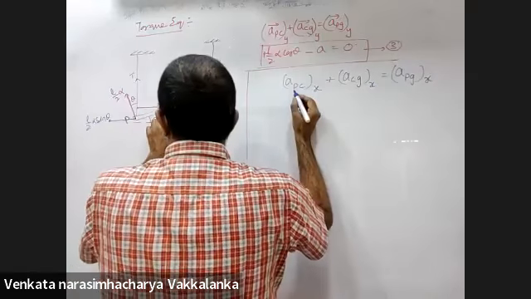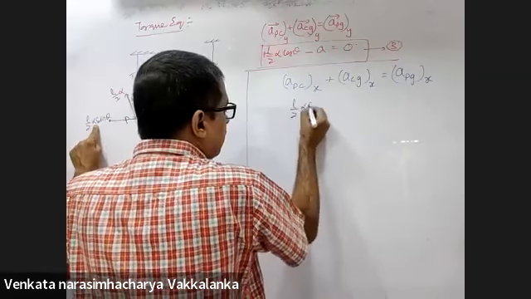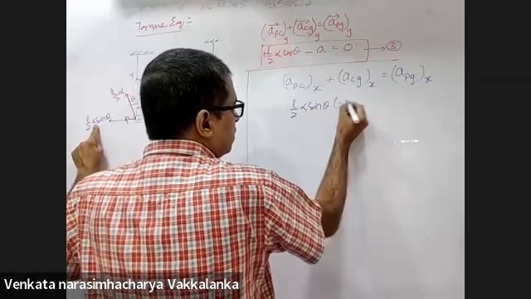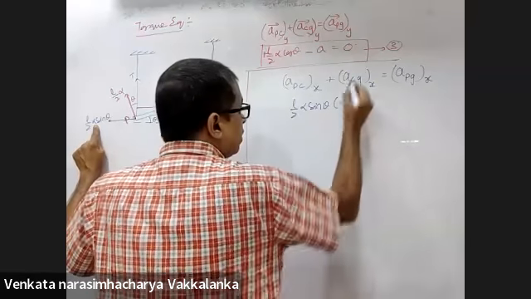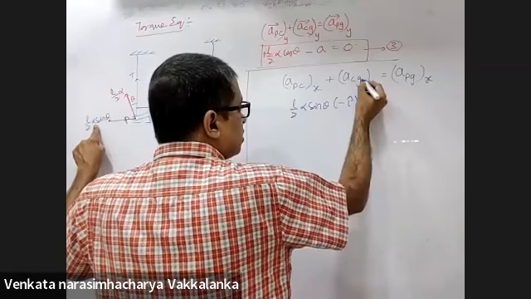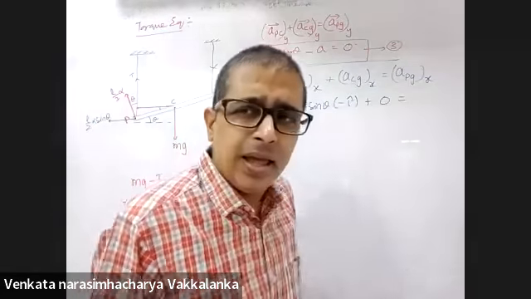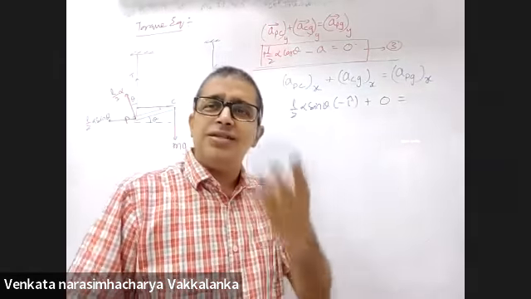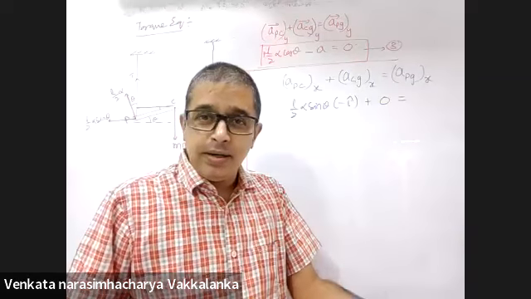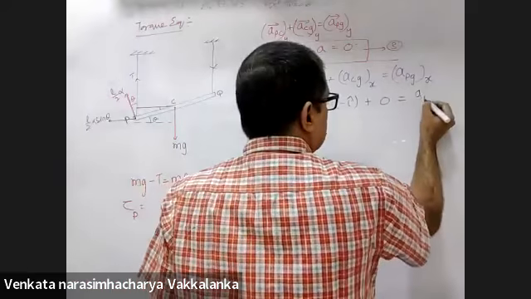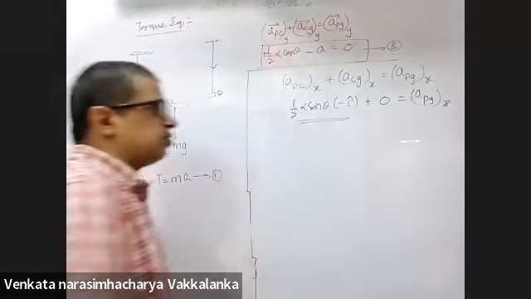Acceleration of point P with respect to the center of mass along x-axis is L by 2 alpha sine theta minus I cap. Acceleration of the center of mass with respect to the ground along x-axis is 0. Why? No external force in the horizontal direction at all. So the acceleration of point P with respect to the ground along x-axis is this.